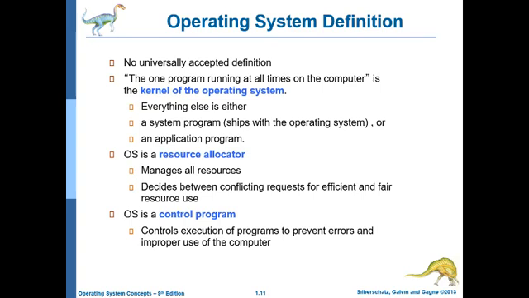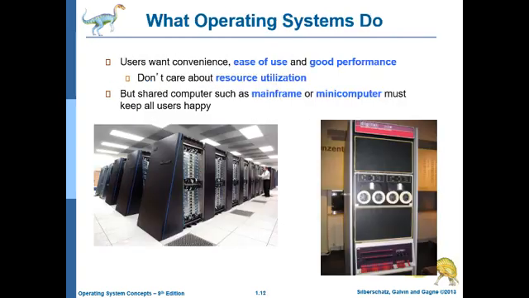Because if many programs work together, then there is a big chance that some program may control the CPU and not give the CPU to other programs, so it will result in some errors. Or maybe they want to take control of the computer and the other applications will not be able to use the computer. So the operating system is the control program for all the applications and all the hardware of the computer.